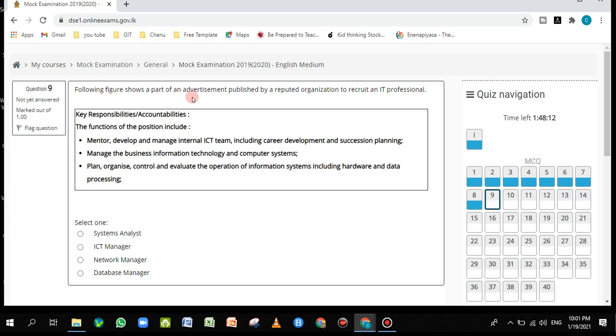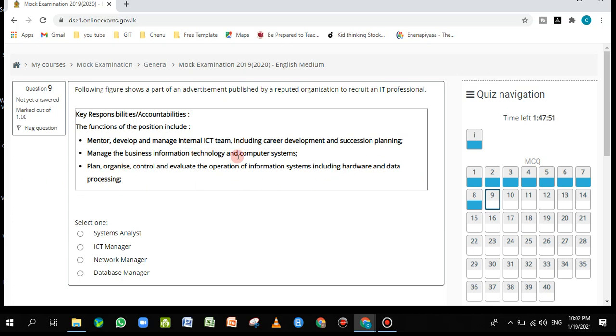The following figure shows a part of an advertisement published by a reputed organization to recruit an IT professional. It says key responsibilities, accountabilities. The function of the position includes mentor, develop and manage internal ICT team, including career development and succession planning.